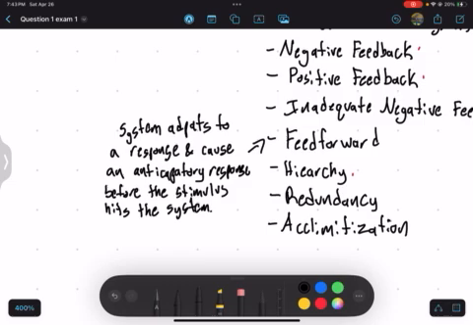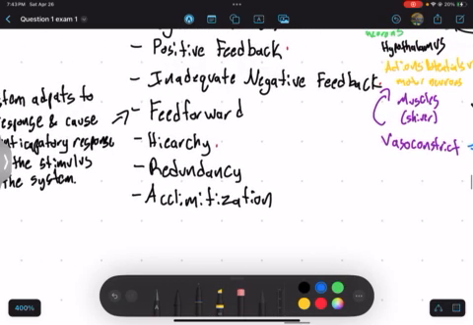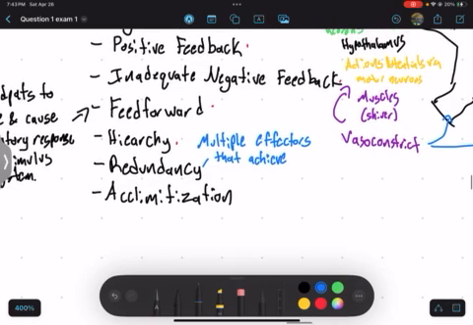For redundancy, that is going to be when there are multiple pathways, multiple effectors, not pathways, that achieve the same goal.